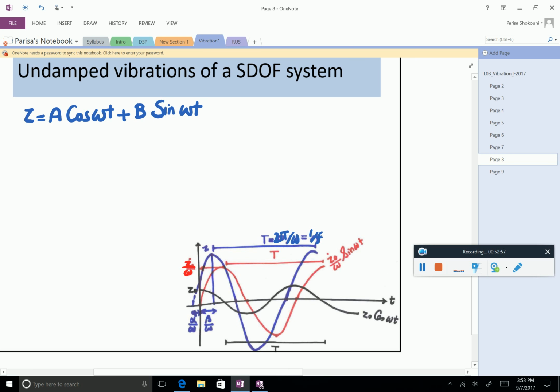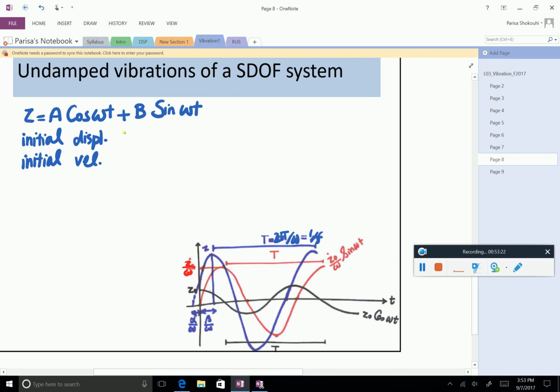What I haven't told you so far is what A and B are. To know A and B, typically in any kind of vibration case, you need to know the initial displacement and initial velocity.